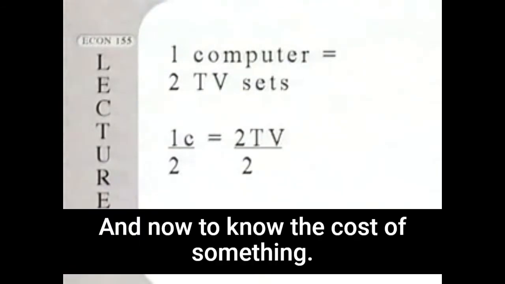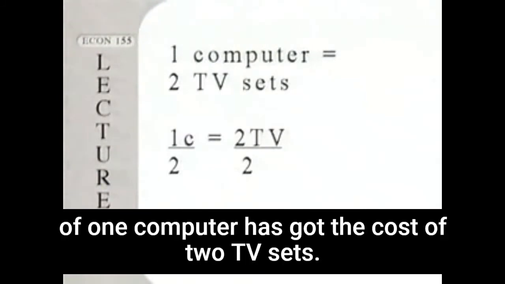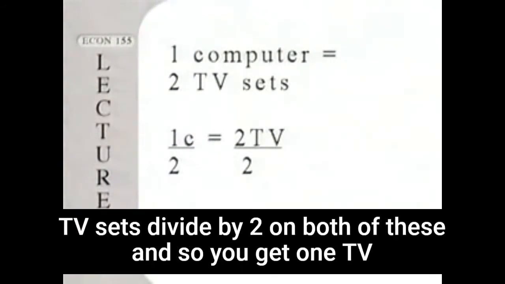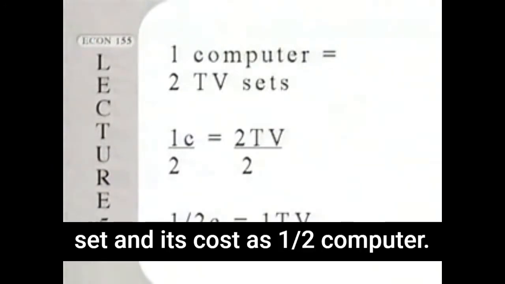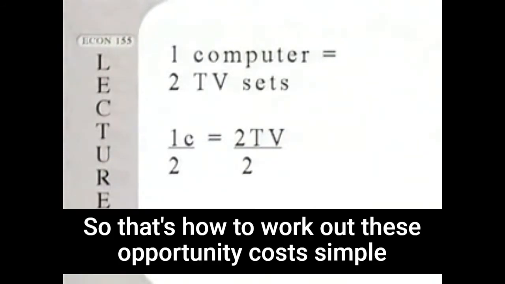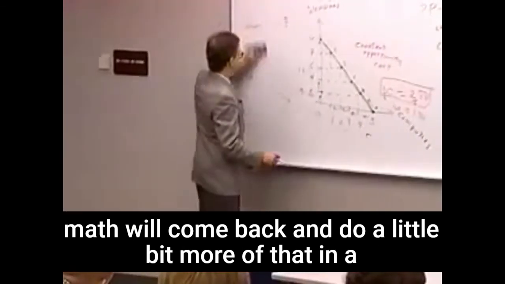To know the cost of something, here the cost of 1 computer is 2 TV sets. If you want the cost expressed in terms of TV sets, divide by 2 on both, and you get 1 TV set, and its cost is 1/2 computer. So that's how to work out these opportunity costs, with simple math. We'll come back and do a little bit more of that in a few minutes.